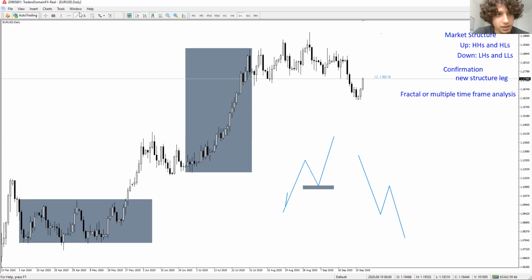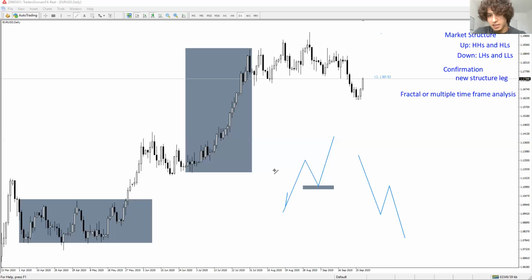What I mean by that is, I'll just do this, it's quicker. You're going to see more zigzags within zigzags. And these lower time frames make up the higher time frames, because price is fractal. It repeats within itself, right?